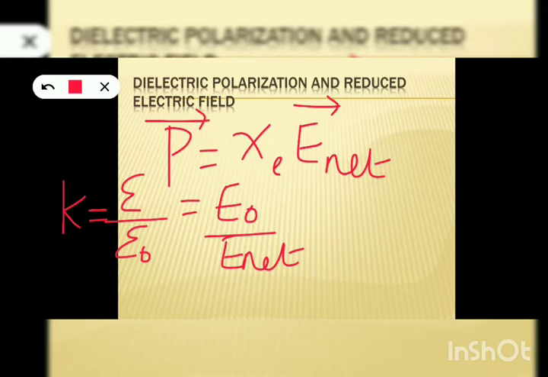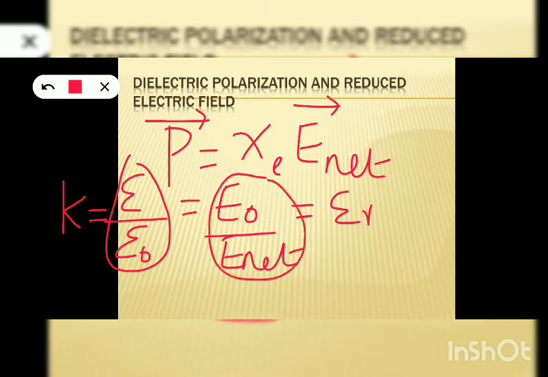And this ratio epsilon by epsilon naught is nothing but our relative permittivity. So E0 by E net, that means external electric field by net electric field, is also known as the relative permittivity.